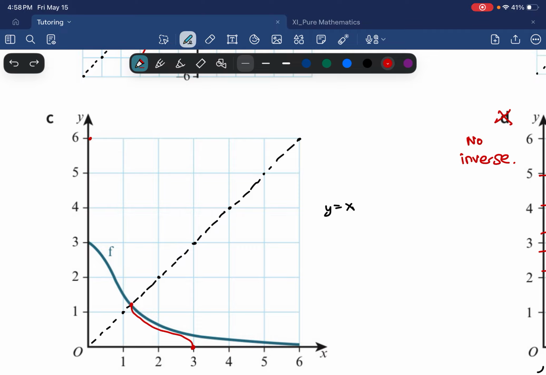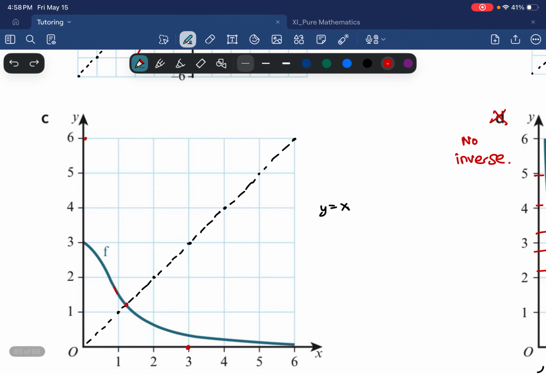If I draw it more carefully, because this part is quite symmetrical over the line y is equal to x, this middle range is going to look sort of the same. So you actually are going to have something like this. That's approximately how your inverse function is going to look.